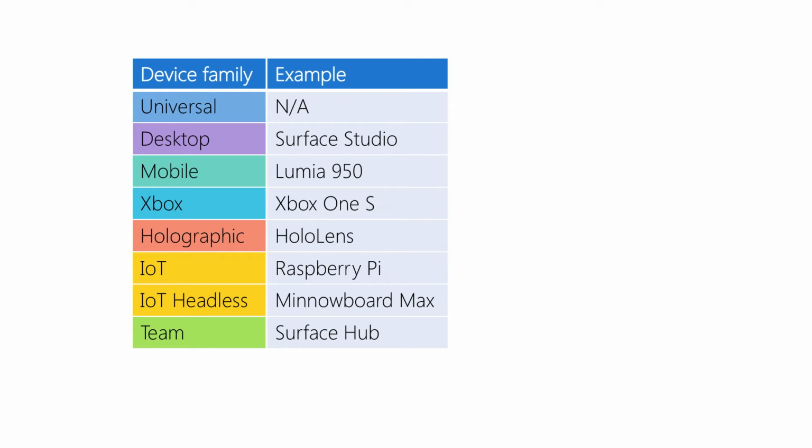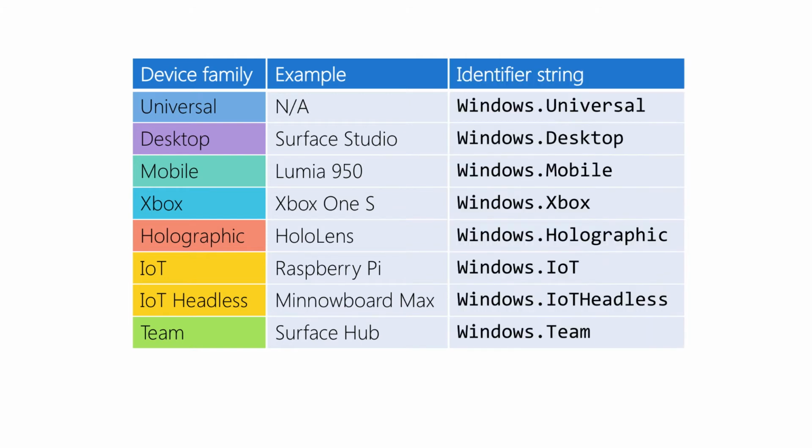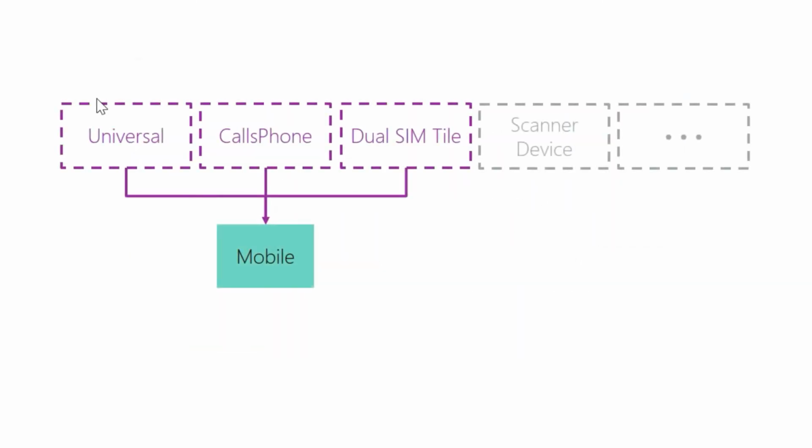So the formal definition is a device family is a collection of API contracts. Each device family is identified using a string. There's the list of strings. We'll see where we use those in just a moment. Here's a quick graphic to explain the idea. This is the same thing we just discussed, like what is a device family. So here the example is we have mobile.